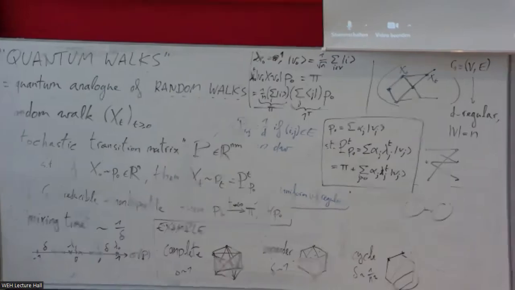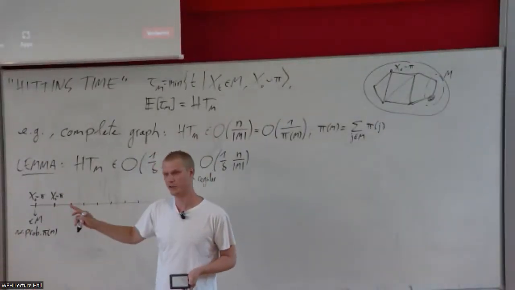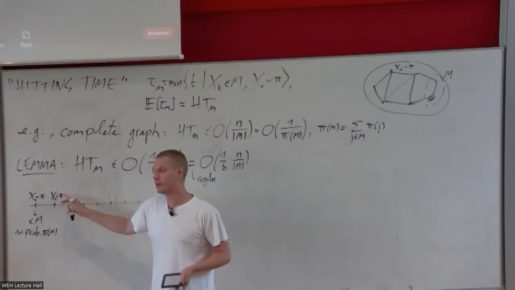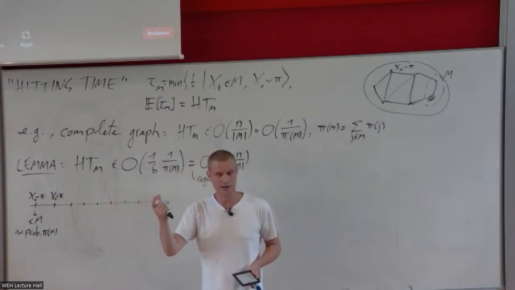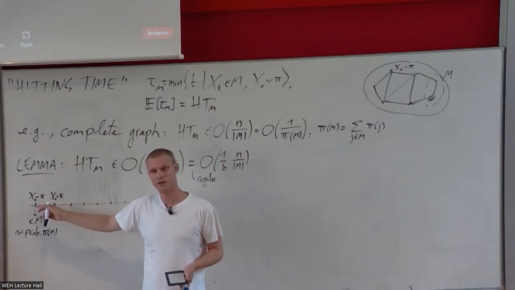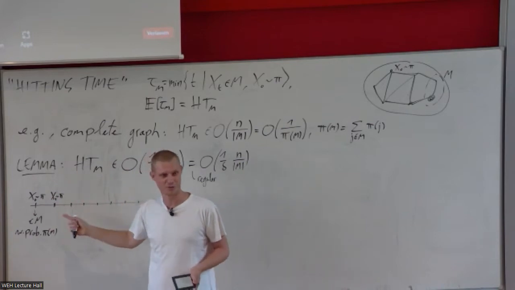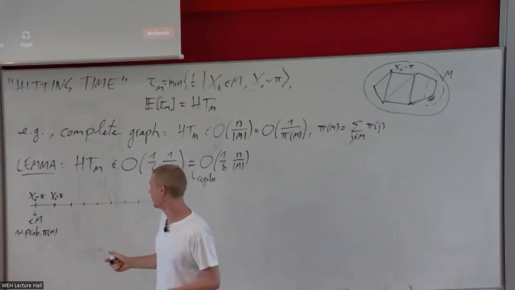It cannot, because the problem is dependencies. These are both samples from pi, but they are not independent samples. If you got unlucky with the first one, there might be a very strong correlation that you'll be unlucky with the next one as well, just as what happens on the cycle.